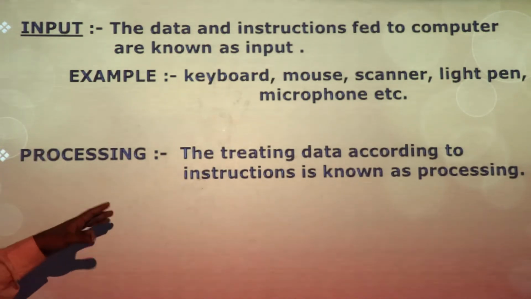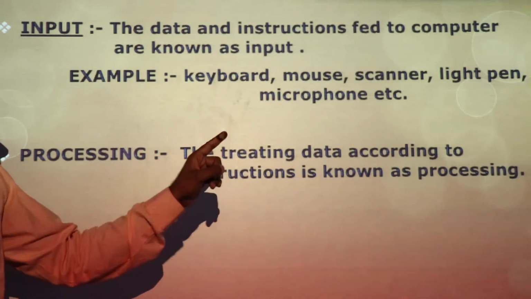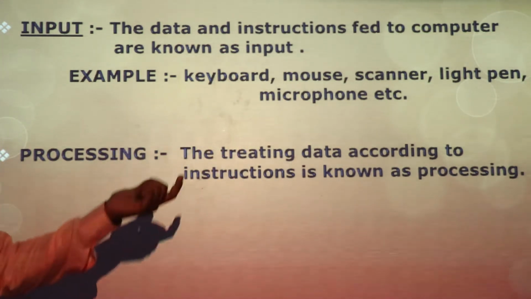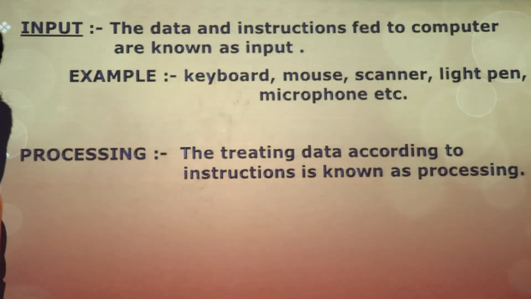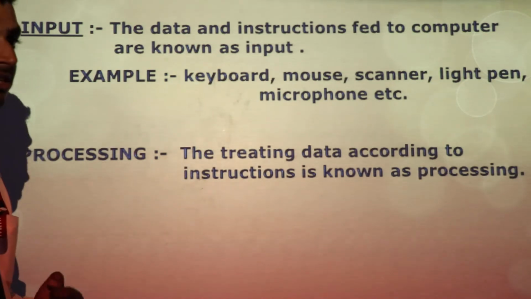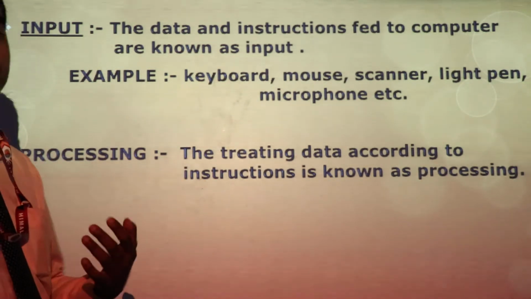Processing. The second step is processing. Processing means treating the data according to instruction. The data which I have given to the computer is treated by the computer according to the instructions. According to our questions, the computer can give the answer.